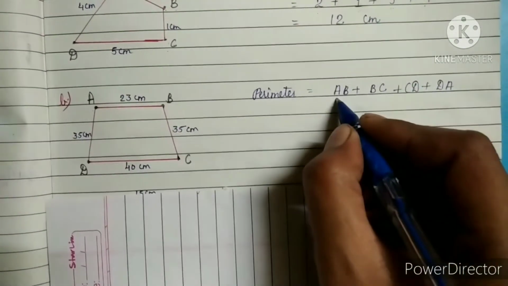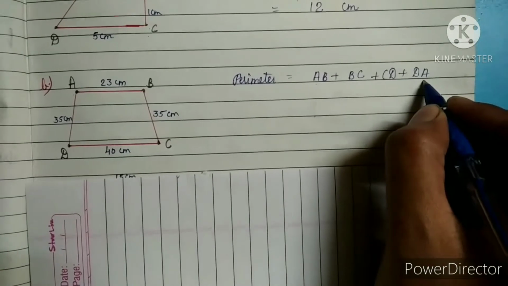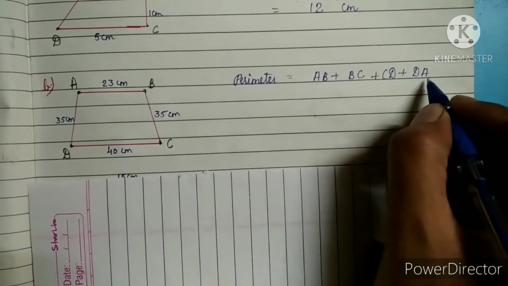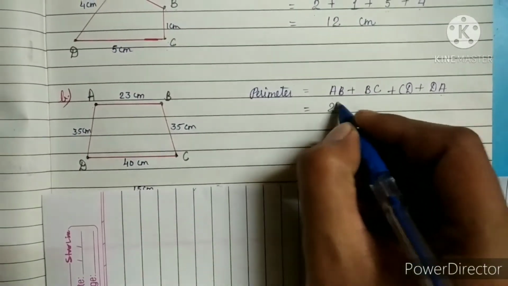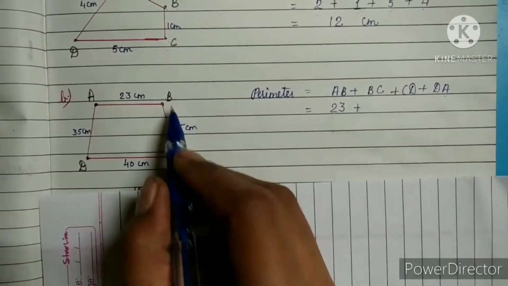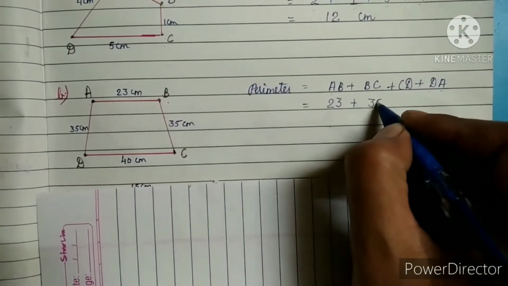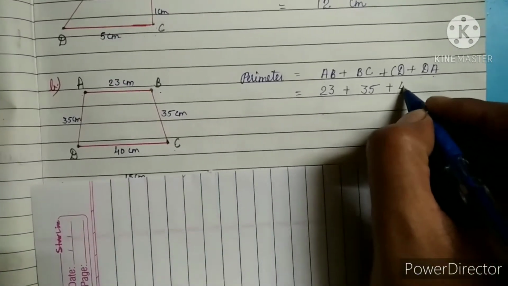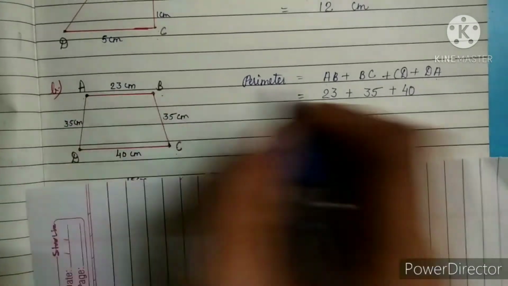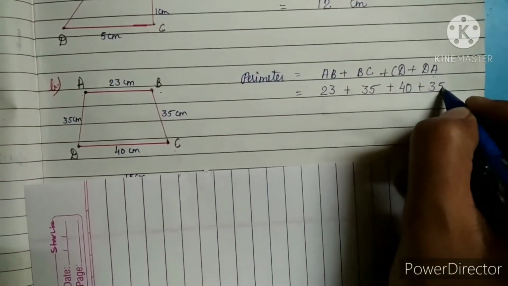We started from A and we have to end at A. AB is 23 centimeter, BC is 35 centimeter, CD is 40 centimeter and DA is 35 centimeter.